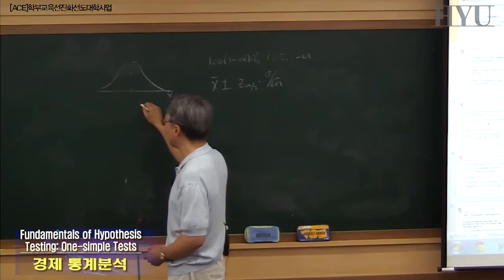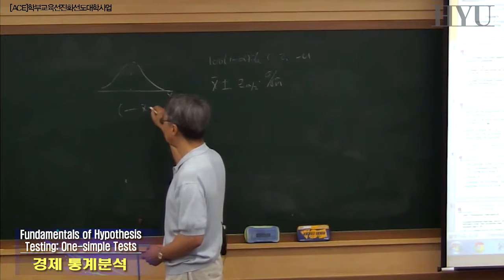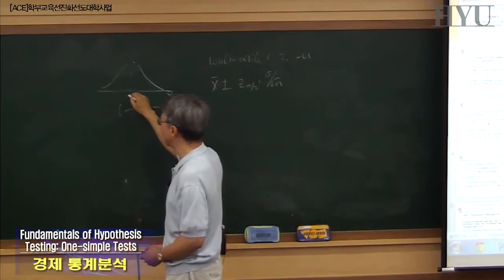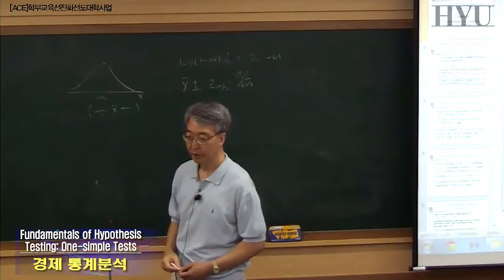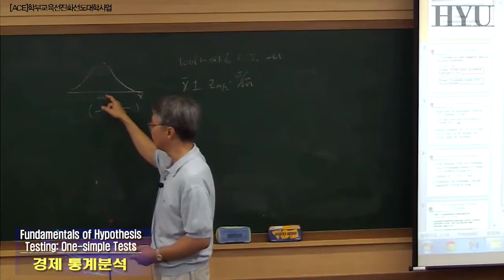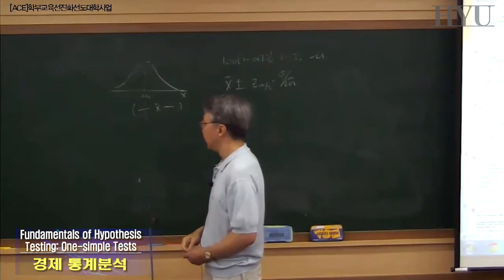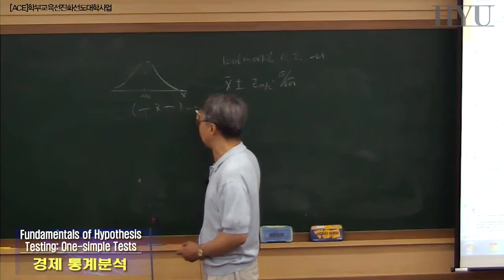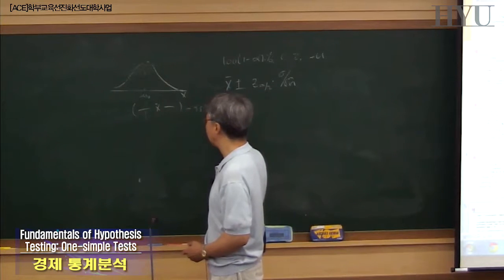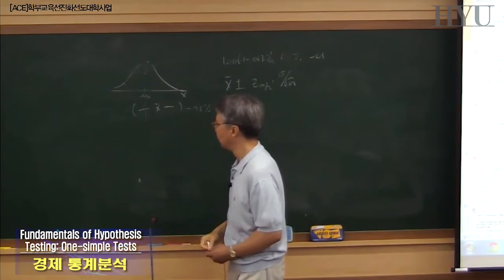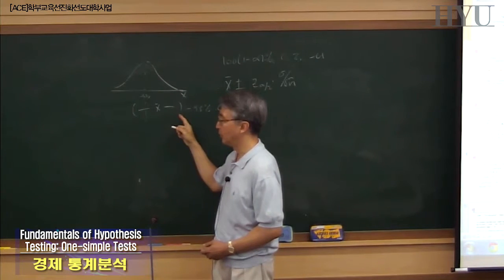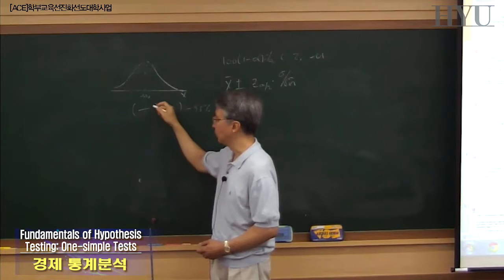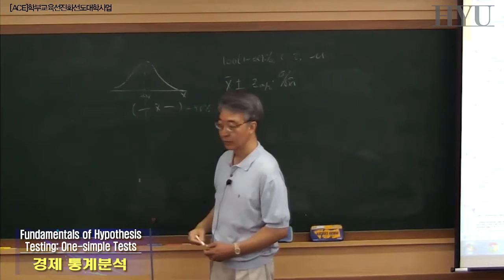Sometimes the confidence interval will include some hypothesized value of the mean, if somebody says this is the population mean. Let's say this was a 95% confidence interval for the mean, and the lower limit and upper limit include, this range includes somebody's claim.